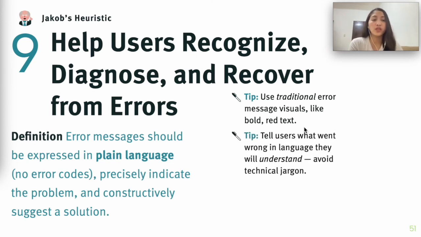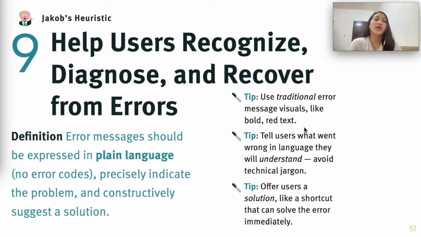Tell users what went wrong in language that they will understand. Avoid technical jargons such as error 101 or code 502 error, something like that. So tell them in the language that they can understand. And then offer users a solution like a shortcut that can solve the error immediately.